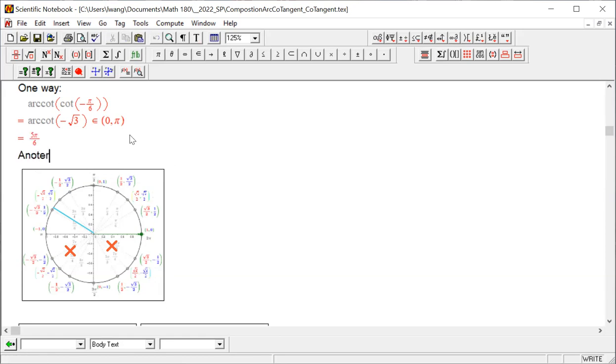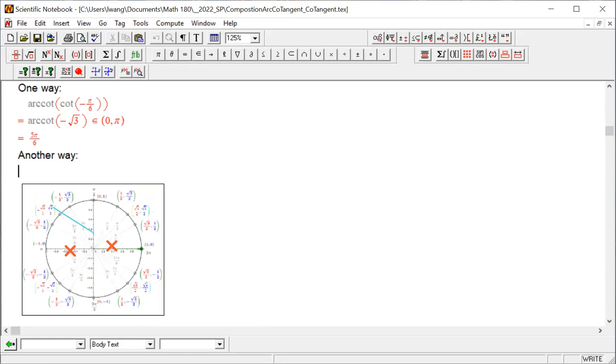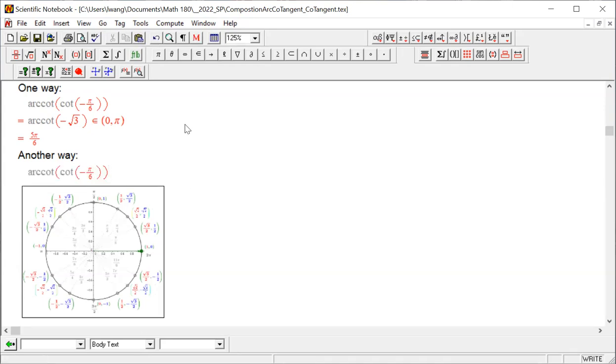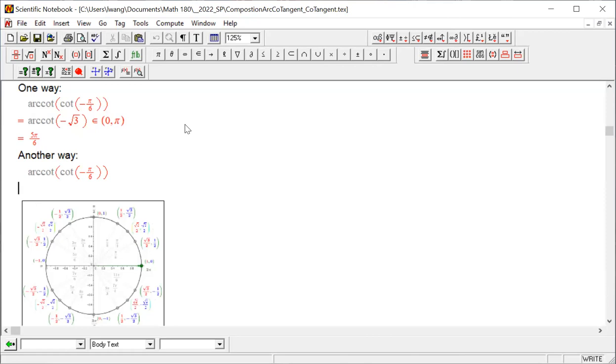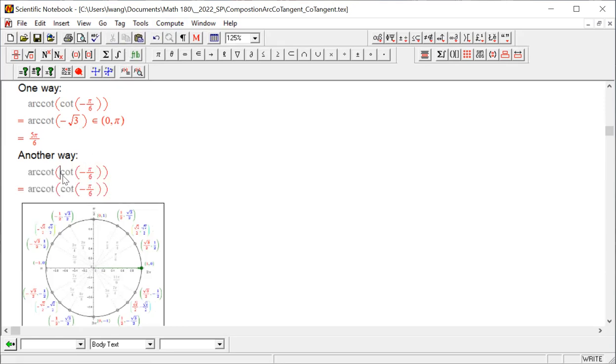But I do want to show you another way. You probably will like it. Well, whether you like it or not, I think it would be fun to know. Starting with this, knowing that cotangent is an odd function, meaning that cotangent of negative pi over 6 is going to be negative of cotangent of pi over 6, right?